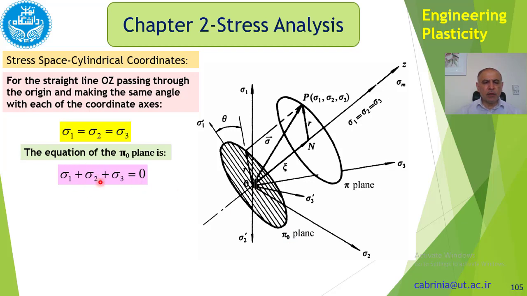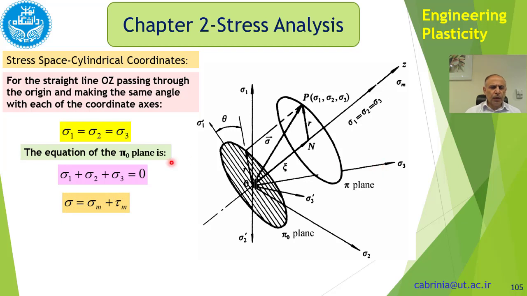So that is the equation of this plane. Therefore zeta is the hydrostatic component of stress, and R is the deviatoric component of the stress, which we indicated before. And therefore we could write down sigma is equal to sigma m plus tau m.